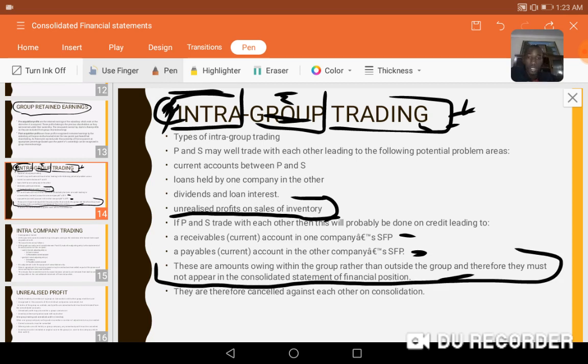In short, we don't want to see these amounts being part of consolidated accounts, or we don't want to see them when we are putting together the accounts for the parent and the subsidiary. So in short, they must be cancelled. We will see how we cancel such transactions in upcoming slides.